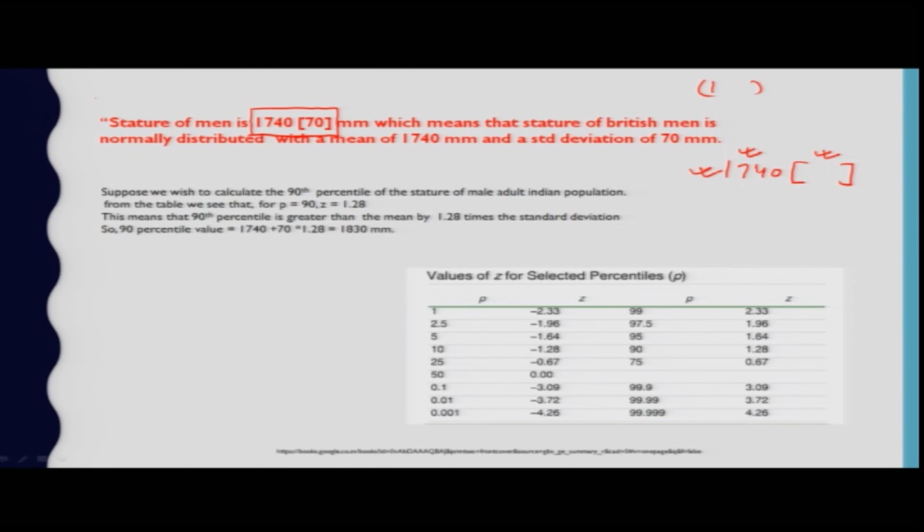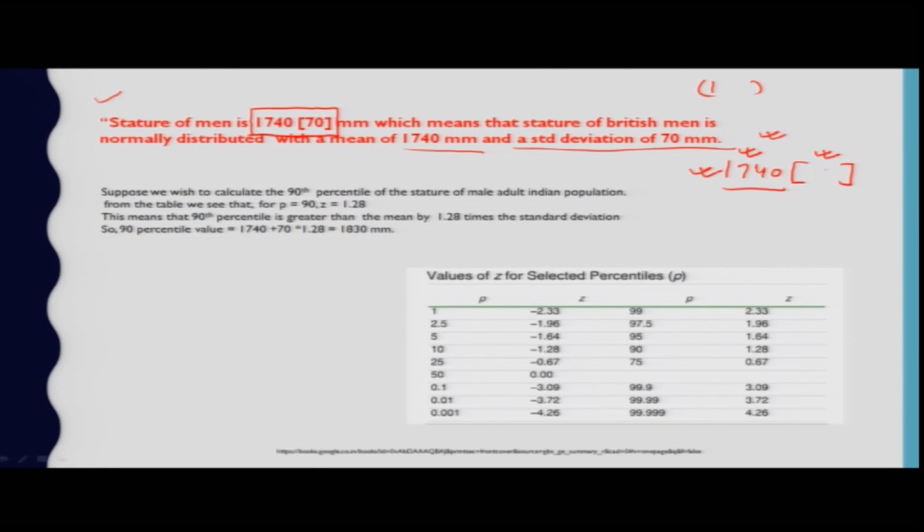That is why I have written this statement: stature of a man is 1740 (70) mm, which means that the stature of British men is normally distributed with a mean of 1740 mm and a standard deviation of 70 mm. So, this notation indicates that the first digit is the mean, and the digit in the bracket is the standard deviation value.